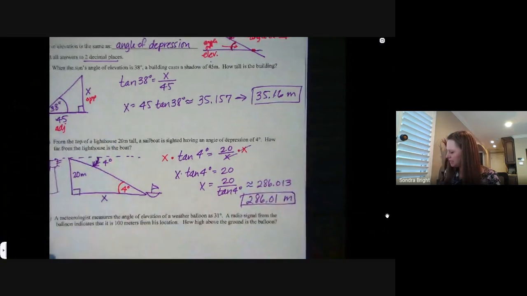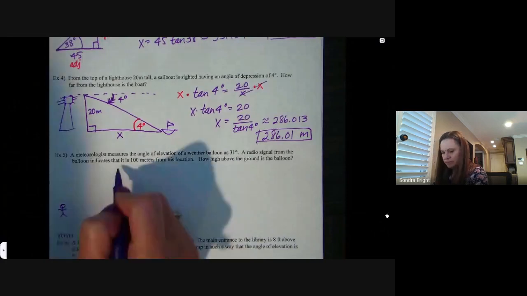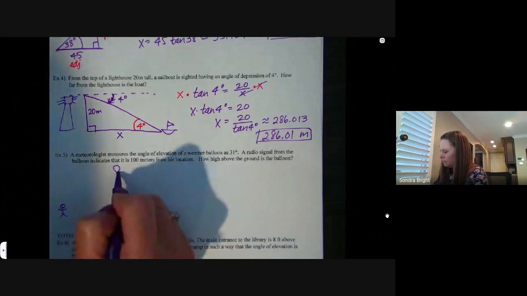All right, next example. A meteorologist measures the angle of elevation of a weather balloon as 31 degrees. So let's say here's the meteorologist, and he sees this weather balloon. My balloon looks like a light bulb, but whatever.